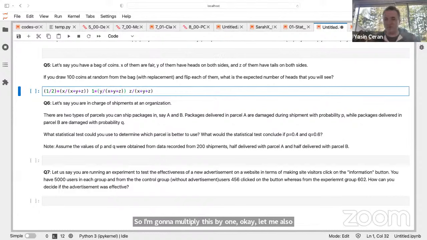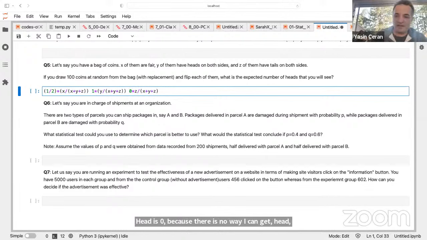Similar logic applies for the Z number of coins, but keep in mind that this time these coins have tails on both sides. So when I flip it, the probability that I'm going to have head is 0, because there is no way I can get head when both sides are tail.